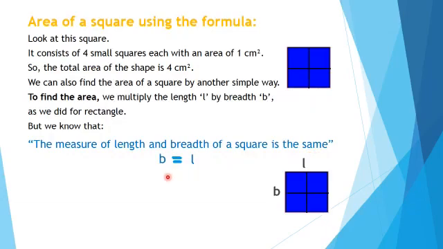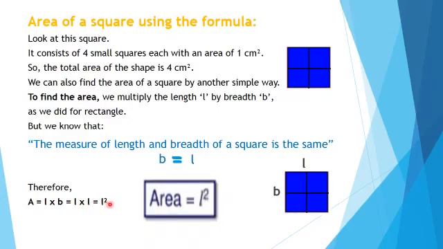Therefore, breadth will be equal to length, or we can say that B is equal to L. Therefore, area of a square will be L multiplied by B, and that is equal to L multiplied by L. So it will become L square. So the formula for the area of a square will be L square.